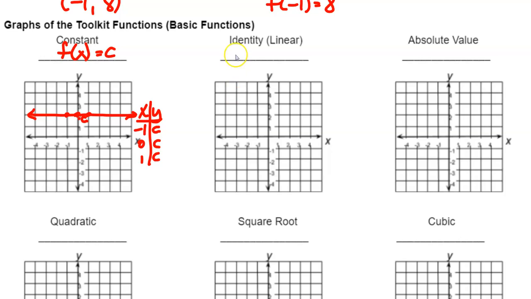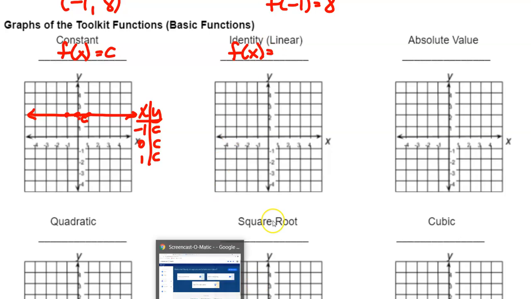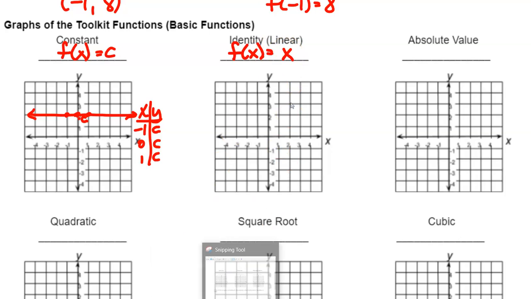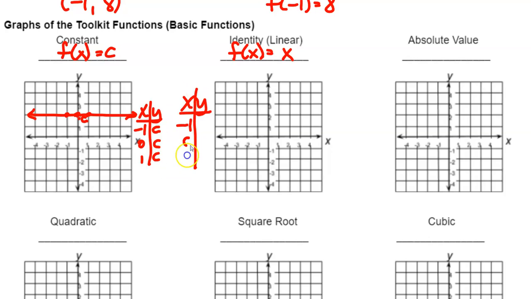Okay? If I look at the identity function, f of x is equal to x. This is also referred to as the linear function. We could do a t-table for that if you want as well. Basically, if I throw negative 1 in, 0 and 1, let's say. If I throw negative 1 in for x, I'm going to kick out negative 1. If I throw 0 in for x, I get 0.